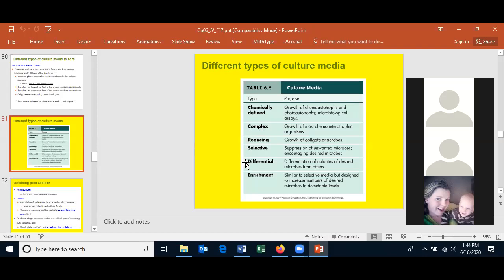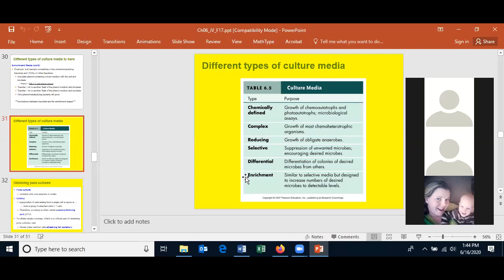A differential media is one where the components of the media allow us to differentiate between two different microorganisms that grow on the media, and it'll just make the two species look differently. It could be that there's something in it that makes them have a different color. With blood agar, for example, it's the blood in the media itself, and it allows you to differentiate between the different hemolytic capabilities of the microorganisms growing on the blood agar.